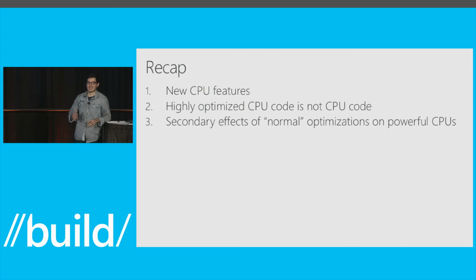Not hot code, but hot data, things that are accessed together, keep them together in memory as opposed to spreading them out. That type of stuff is super, super, super important, and it's only going to get more important as vector registers get wider, as CPUs get faster. And then that awesome store buffer issue, where normal optimizations can have pretty crazy secondary effects on powerful CPUs. And it's only going to happen on powerful CPUs, and again, it's only going to get more interesting as CPUs get more powerful.